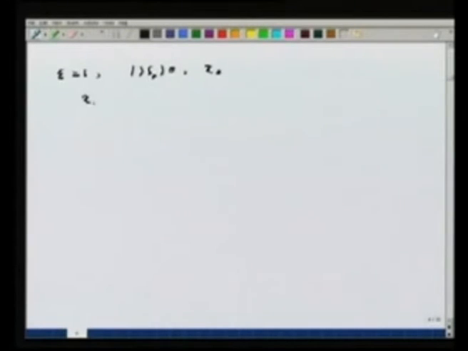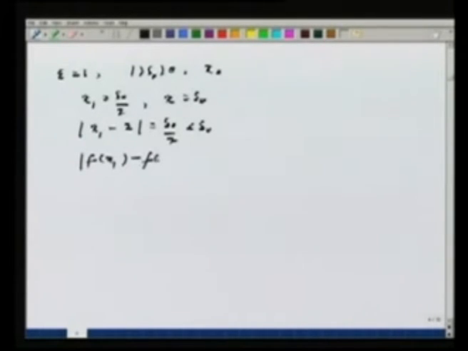So what I do is I choose x1 equals delta naught by 2, and I choose x equals delta naught. Then modulus of x1 minus x, that is delta naught by 2, which is strictly less than delta naught, and then modulus of f(x1) minus f(x), that is modulus of 4 by delta naught square minus 1 by delta naught square, which is 3 by delta naught square, that is bigger than 3, as delta naught is less than 1.